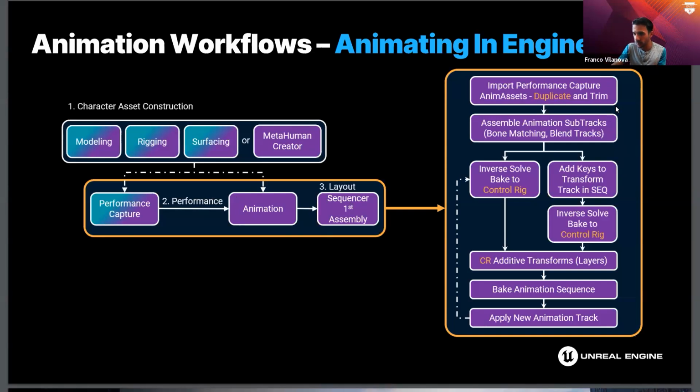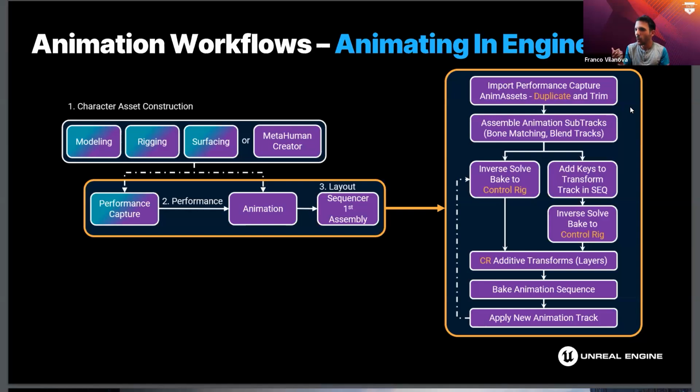So we could import performance captures, anim assets, which would be animation sequences. You've seen about this already. Duplicate them and start trimming them. Obviously, one of the first things that happens when we're doing mocap is that the actor is just walking around a little bit and then we yell, okay, action. And then he does a little bit of a performance and then we stop and then take two, et cetera.